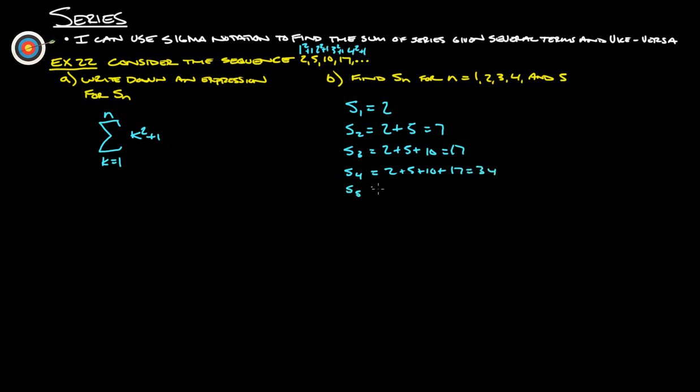And then S of 5, 2 plus 5 plus 10 plus 17. We don't know the fifth term, but we can figure it out, right? Because we can plug 5 in. 5 squared is 25 plus 1 is plus 26. So really we're just adding on this 26 to the 34, right? Which gives us 60. Okay?